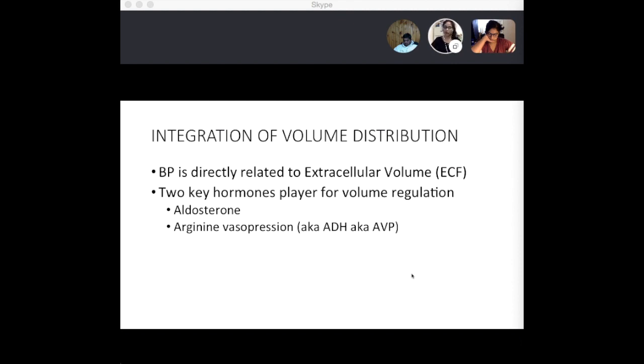And if there's a decrease in volume, then generally it's going to be a decrease in blood pressure before other physiological changes happen to compensate for that. Two key hormones that regulate volume are aldosterone and arginine vasopressin, aka antidiuretic hormone, aka ADH.